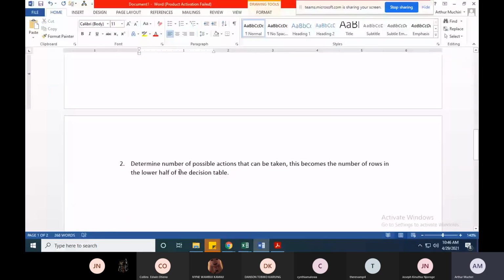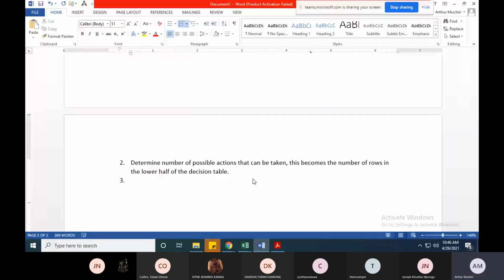chini. Then after you've done that, you're going to go to step number 3, determine number of condition alternatives for each condition.